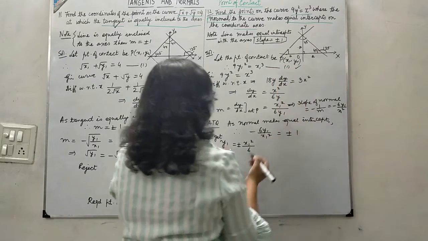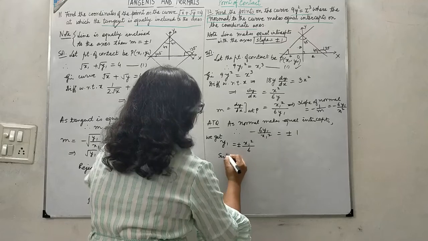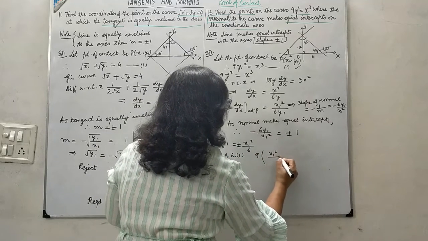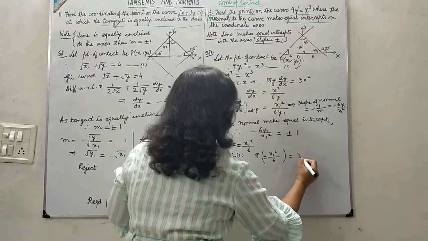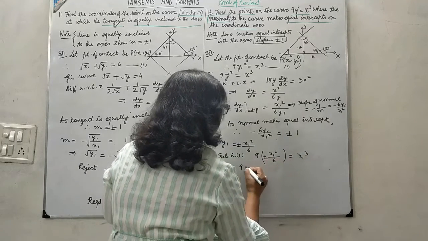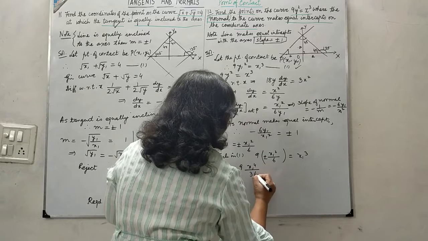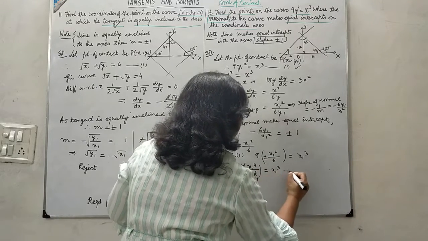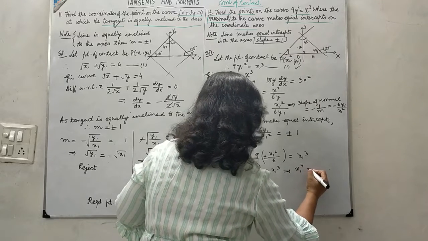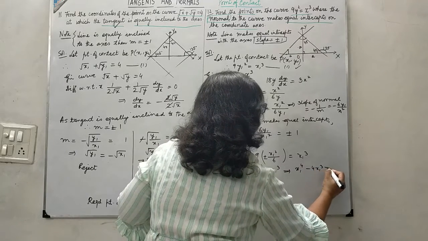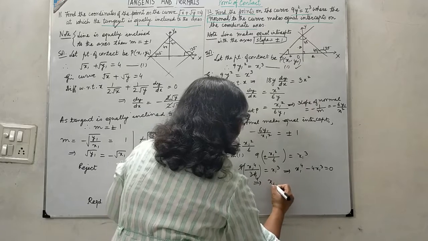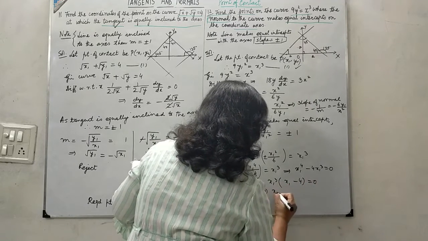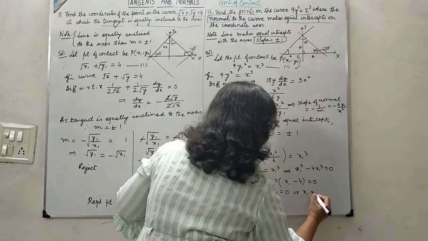Substituting in 1, I can have 9 times x1 square by 6 whole square, equal to x1 cube. So from here x1 power 4 by 4 equals x1 cube. Now simplifying, we can get the value of x1 as 0 or x1 as 4.